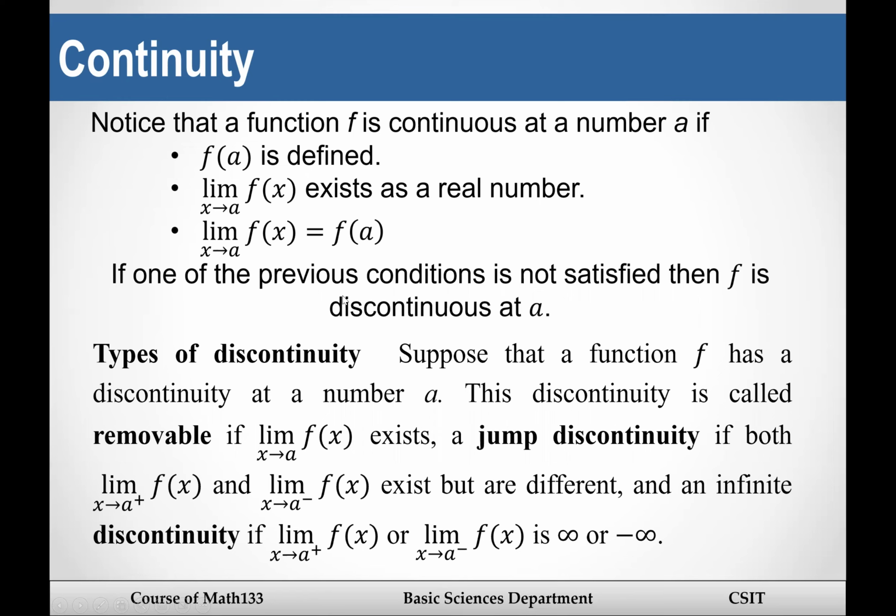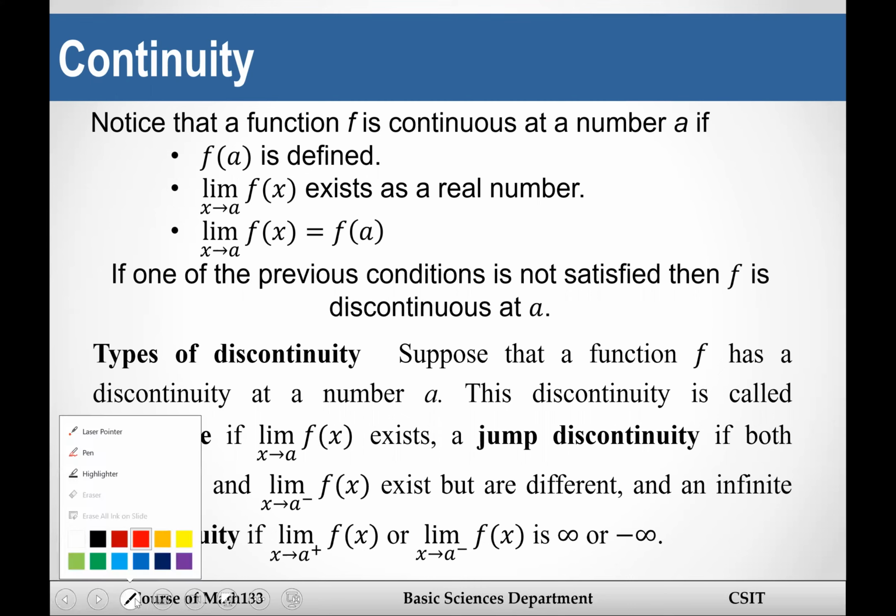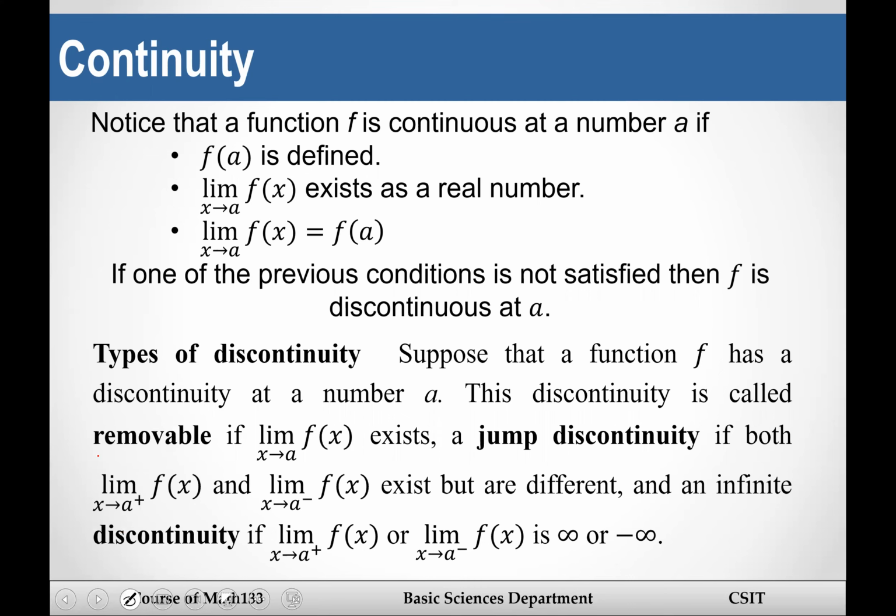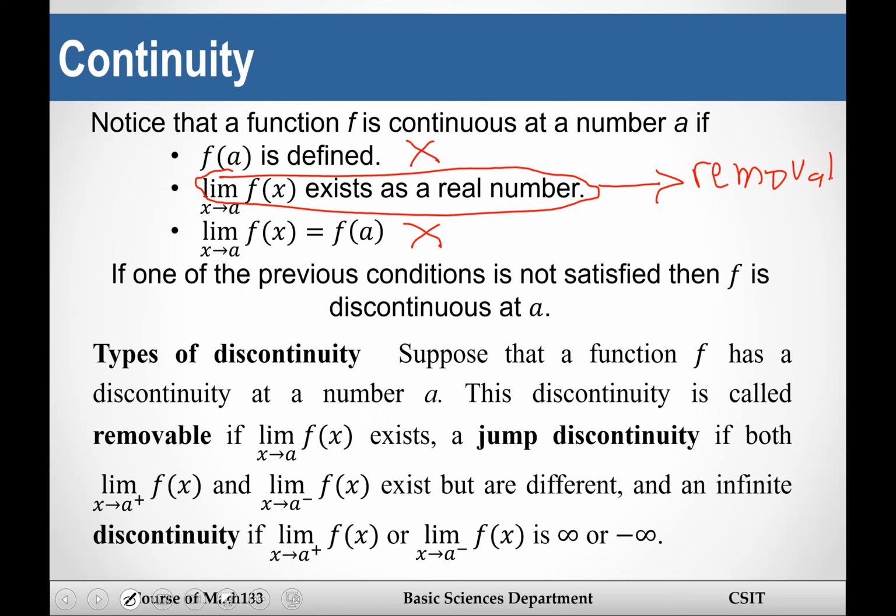So removable discontinuity means we only have condition 2. If we have this and one of the others is not satisfied, then this is removable.